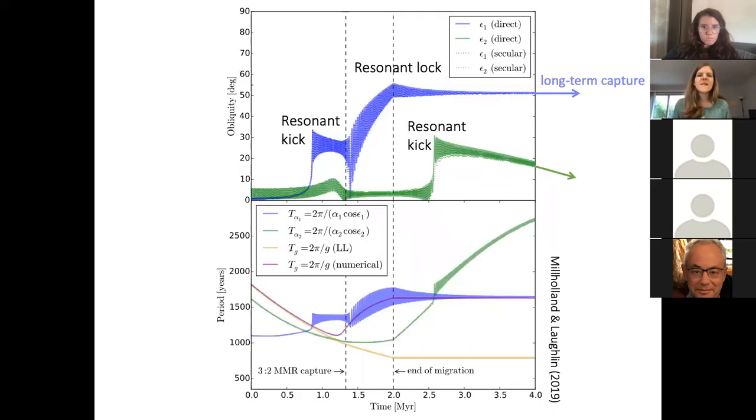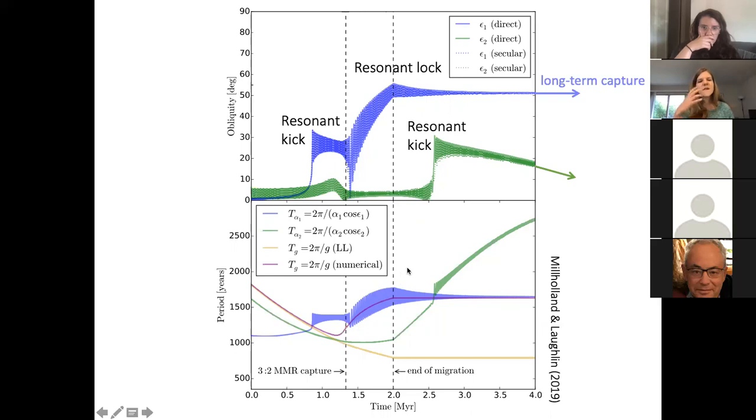So this has been a qualitative discussion of this topic so far. To give you a better sense of how this works and how these planets can get captured into these high obliquity states, I'm going to show you an example of a spin orbit evolution simulation showing what happens to a typical young planetary system as it evolves and encounters these resonances.